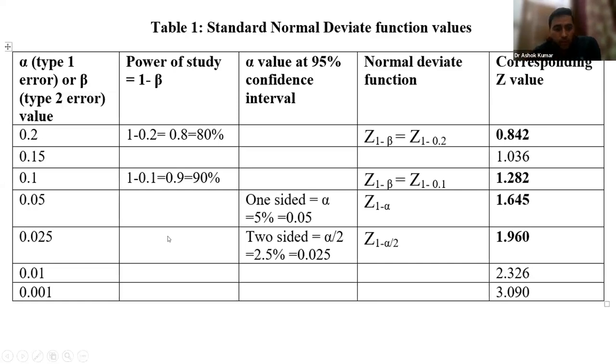So no need to go for this 0.15 here. We have to see 0.1 in alpha type 1 error or type 2 error values. We have to take it 0.1. So here 0.1 means 10%. If we are taking type 2 error as 10%, it means beta is 10%. So what is power of study? 1 minus beta.